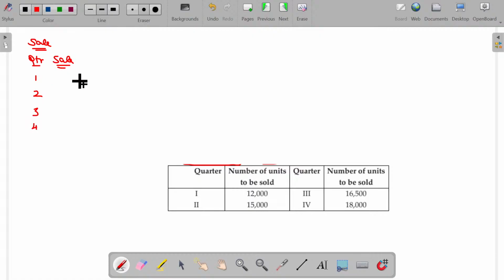Sales being 12,000 units, 15,000 units, 16,500, 18,000.